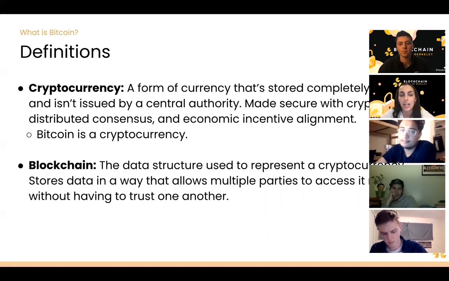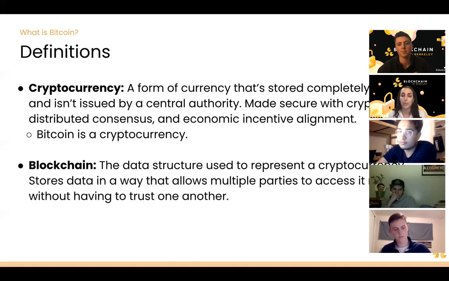And so you'll see that a lot of the rules involved with cryptocurrencies and other blockchain technologies invoke game theory in order to align incentives and make the entire system run smoothly. And so just a quick example, Bitcoin is a cryptocurrency. Cryptocurrency is not Bitcoin. Bitcoin is a type of cryptocurrency.